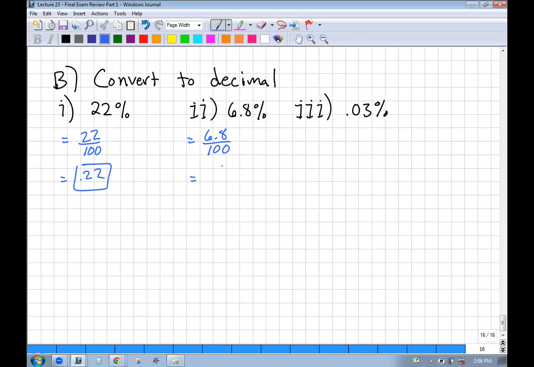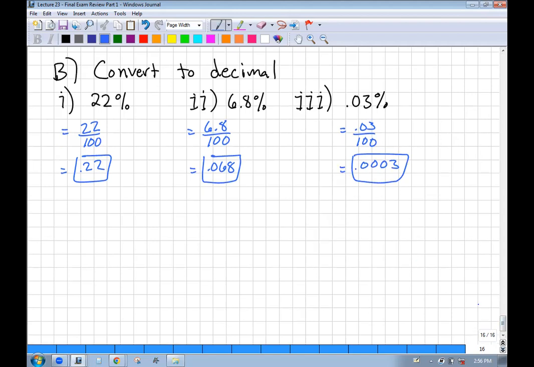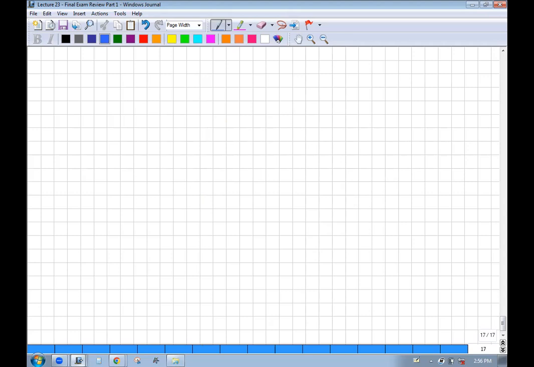So that would be 0.068, right? And we're moving the decimal twice. 0.03%, that's 0.03 per century, which is 0.0003. All right, you don't want to miss the easy problems, because some of these are hard.